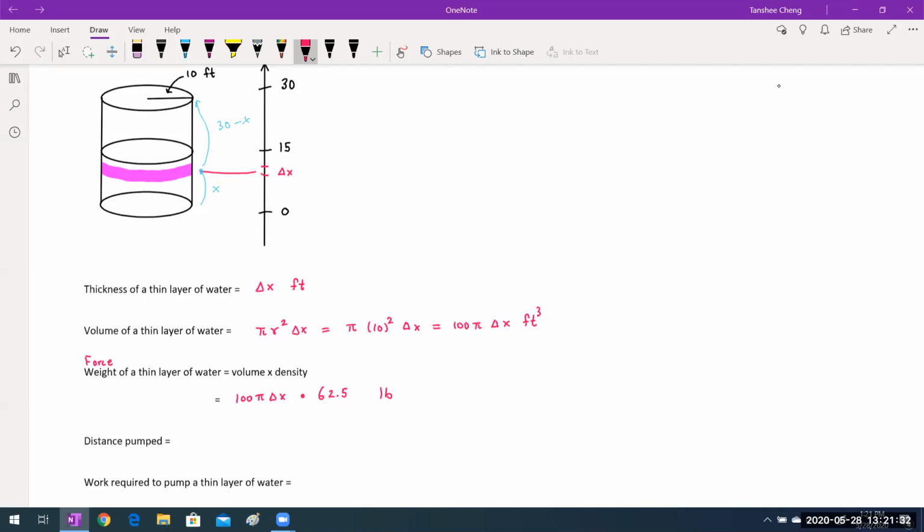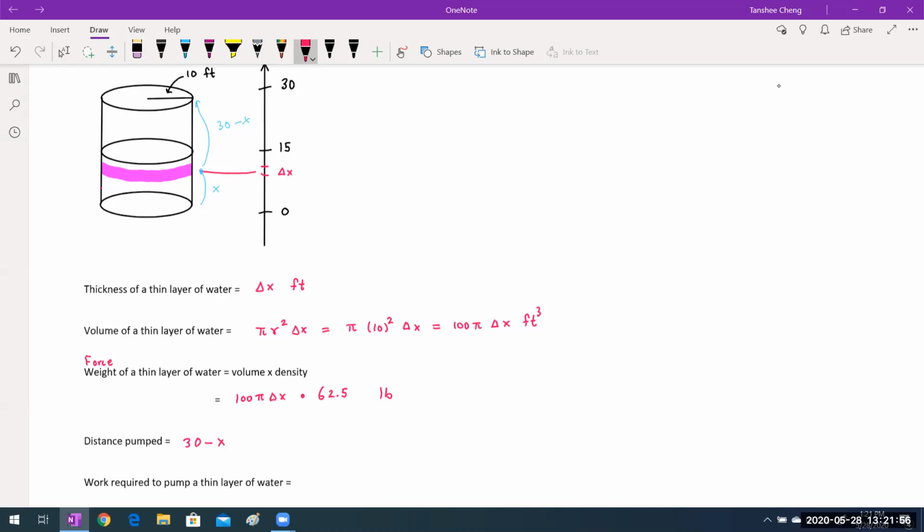So I can formulate it as 30 minus x. So 30 minus x is the distance that needs to be pumped. And not only for this thin layer: if my thin layer is at this point right here, then my x will be only this portion. So the rest of it is 30 minus x anyway. So it's very consistent with this formula.